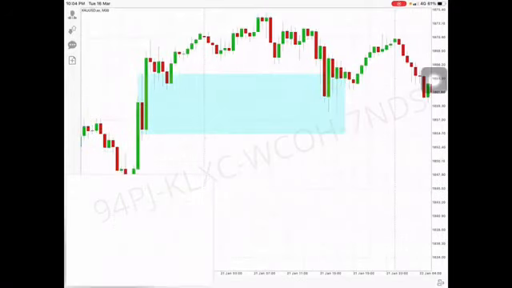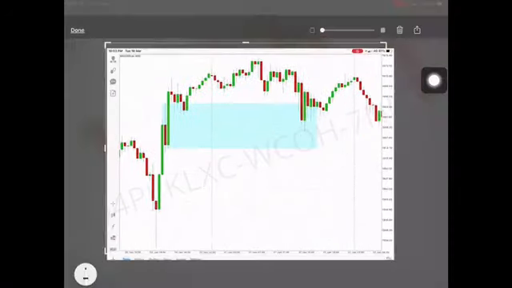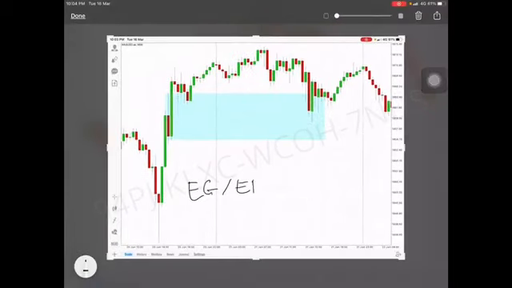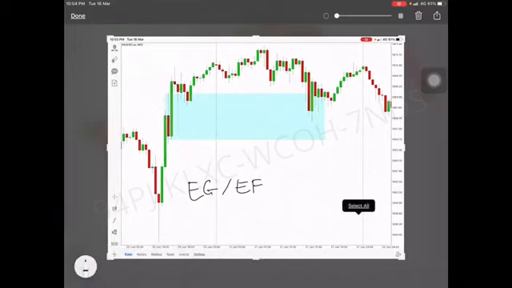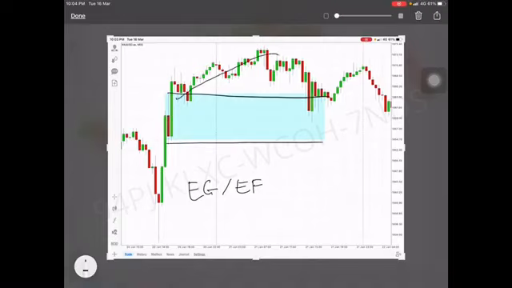Is there any EG or EF? Do you see any right here? Yes. So there is one engulfing buy. When the price comes back to this zone, are you going to look for buy or sell? Buy. So you enter buy in here.